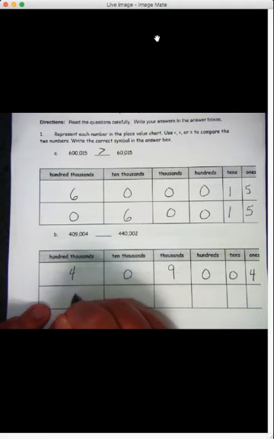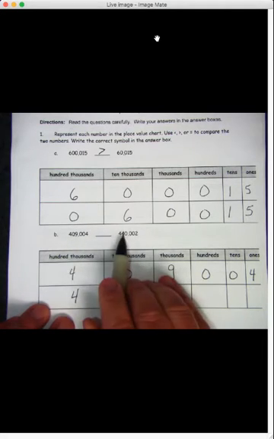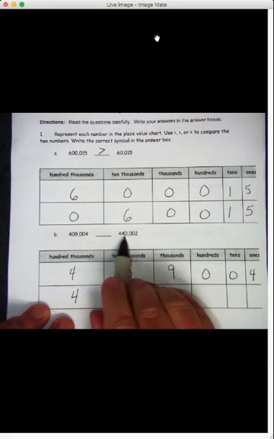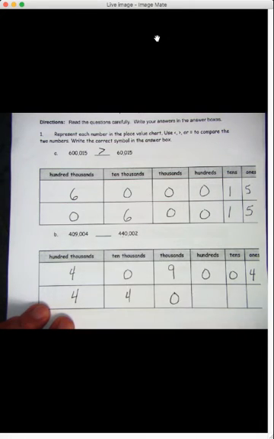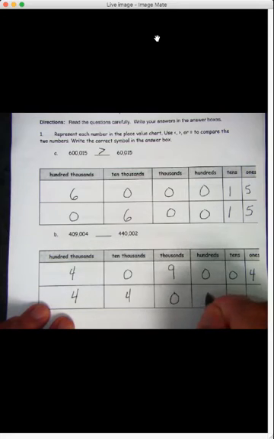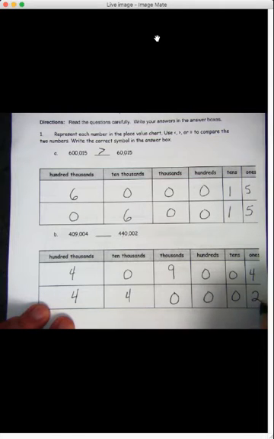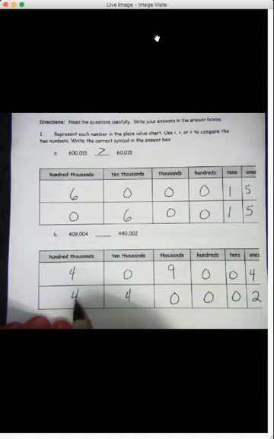It's got a 4 in the 100,000s place, a 4 in the 10,000s place, a 0 in the thousands place, a 0 in the hundreds place, a 0 in the tens place, and a 2 in the ones place. So let's take a look at this one. Well, they both have 4 in the 100,000s place, so they're equal there.